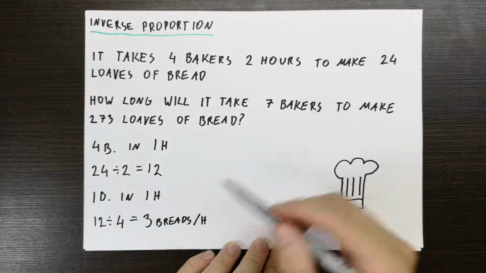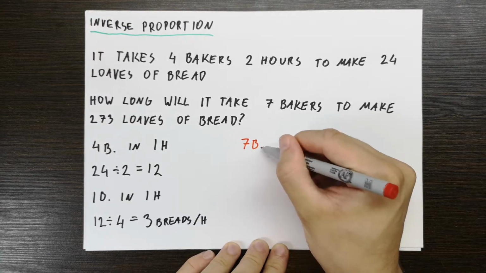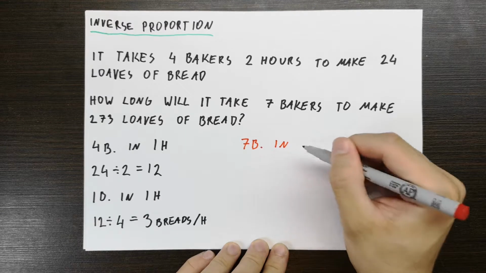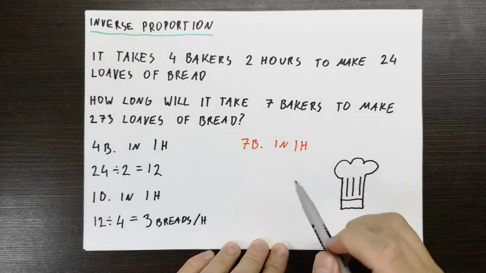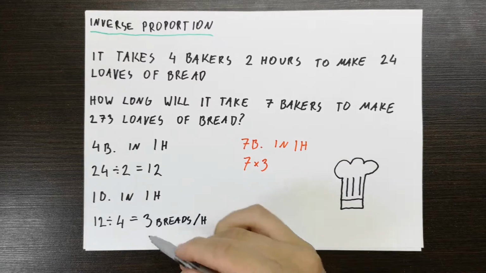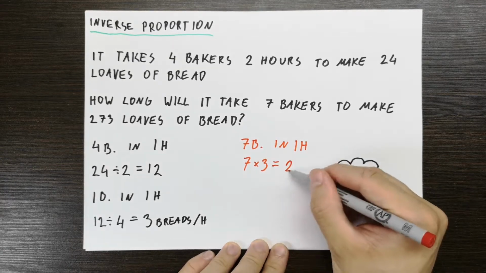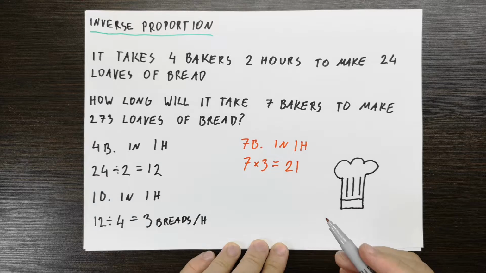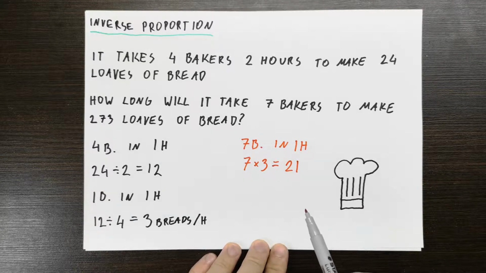7 bakers in 1 hour. So we do 7 bakers multiplied by 3, because 3 breads per hour for 1 baker. So that's 21 breads made in an hour by 7 bakers.